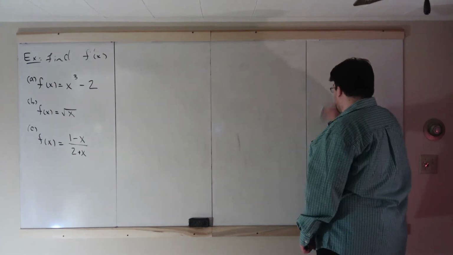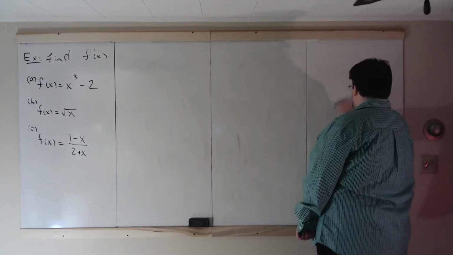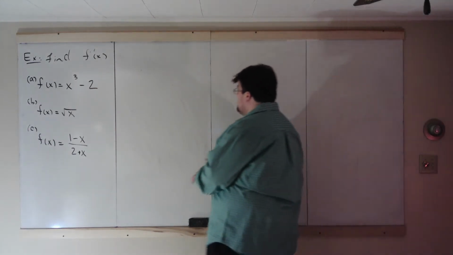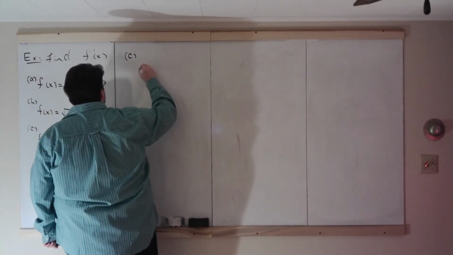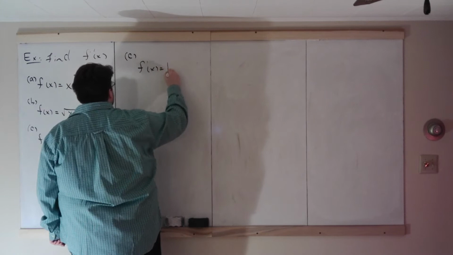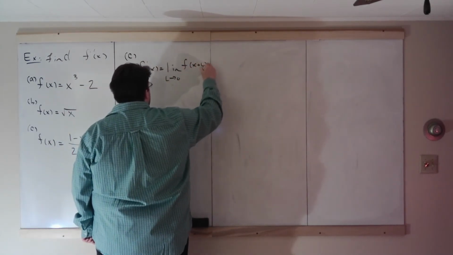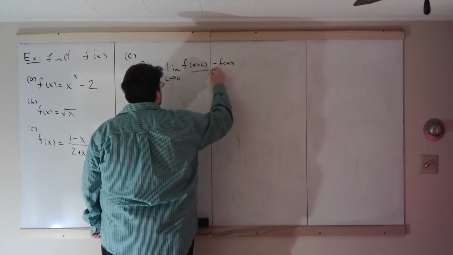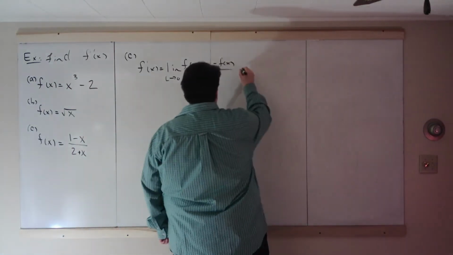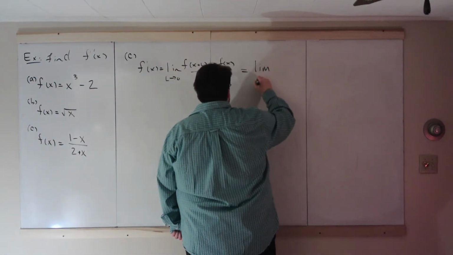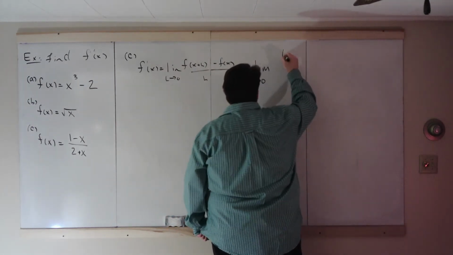Lots of fractions to simplify. f prime, still a limit, h to 0, f of x plus h minus f of x all over h. What does that equal? Well, limit h approaches 0. What's f of x plus h?